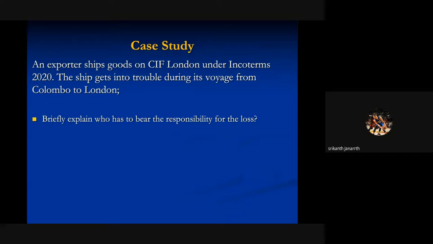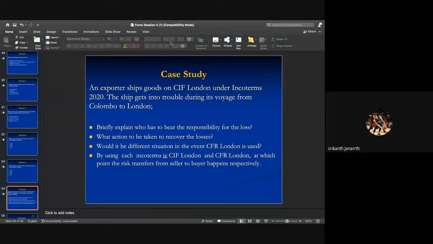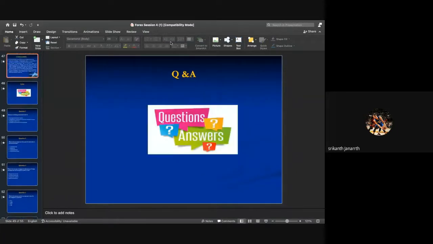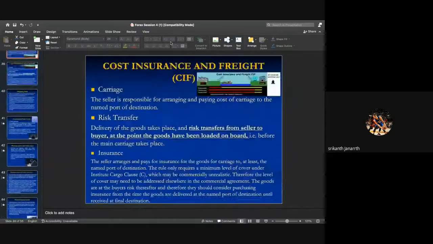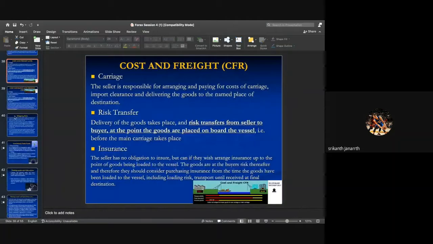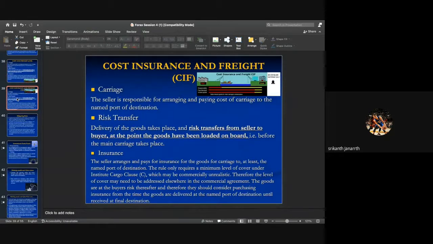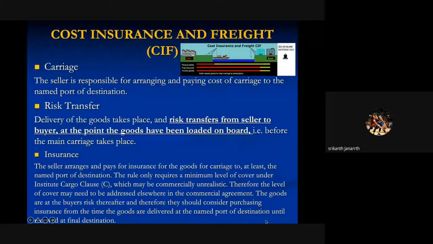Now, under CIF, where is the risk transferred? What is the obligation of the seller under CIF? Cost, insurance and freight, you studied that, right? So if I show you the slide again, look carefully at the diagram and see whether you can understand this question. This is the CIF term they're talking about. Under the CIF term, what is the seller's responsibility?